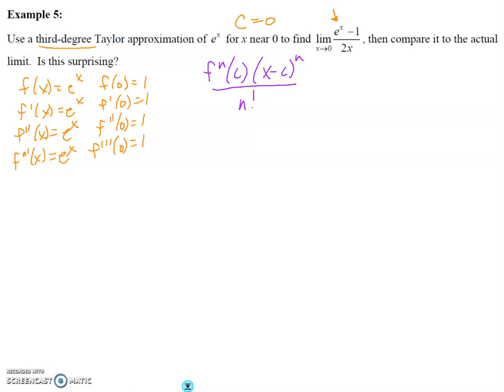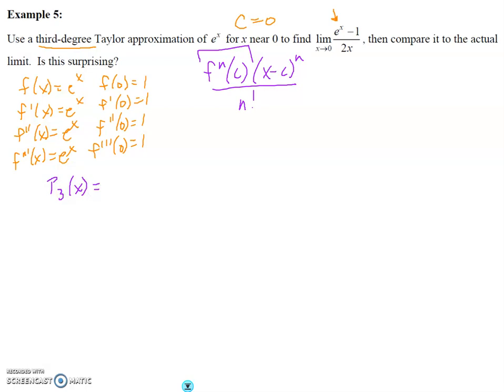Alright, so we know that all of the derivatives are just going to be 1. We know that we're always doing x minus 0, so we're always just going to have just an x in there. So I'm going to do my third degree polynomial. So P3 of x.